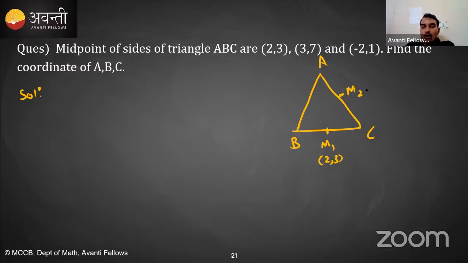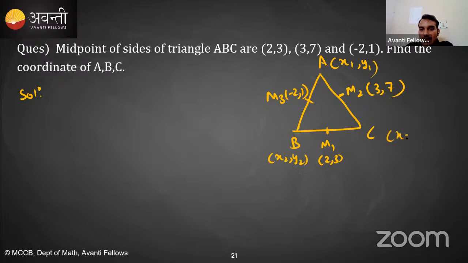Let's call this M2, the midpoint, which is 3, 7. And let's call this midpoint M3, which is minus 2, 1. We have to find the coordinates of A, B, C, so let them be x1, y1, x2, y2, and x3, y3. Simple. So now what will you do?